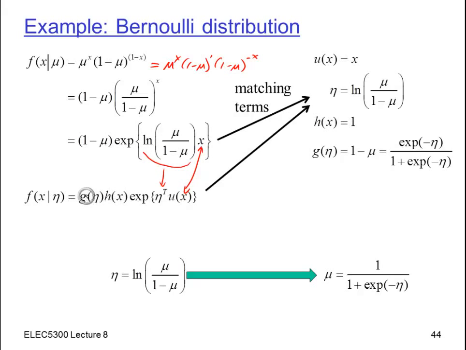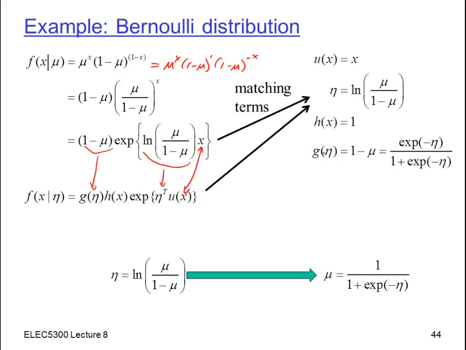And g of eta, the normalizing term, is just this thing here, and so this is in terms of mu. So if I know that eta is equal to log of mu divided by 1 minus mu, then I can invert this to get mu. And it turns out if I do that, I get mu is equal to 1 divided by 1 plus the exponential of minus eta.